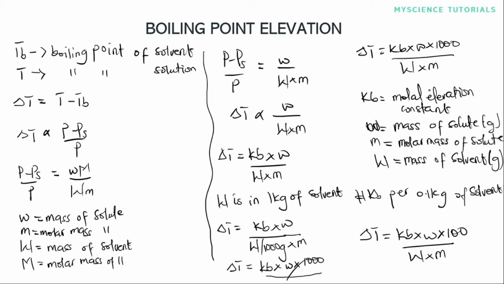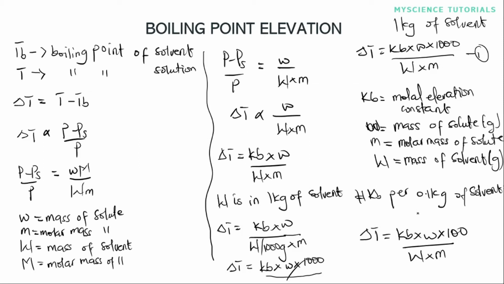So we need to take note of this. If the question did not say 1 kilogram, you use the standard formula. If it states 1 kilogram, you also use it. And when the question says 0.1 kilogram, which is 100 grams, we use the other formula.